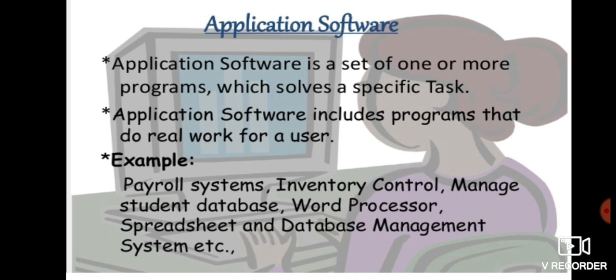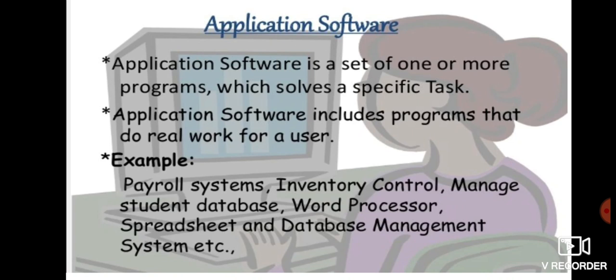For example, a payroll system is used to generate pay of employees, inventory control, managing student databases. Word, which is used to write various documents and also for office work, spreadsheet for calculations in the computer, PowerPoint for making presentations, DBMS for making databases. These are all software for specific tasks, and so they are categorized as application software.